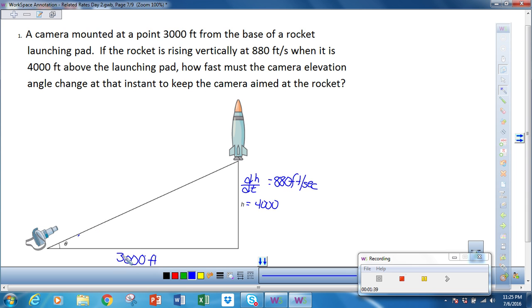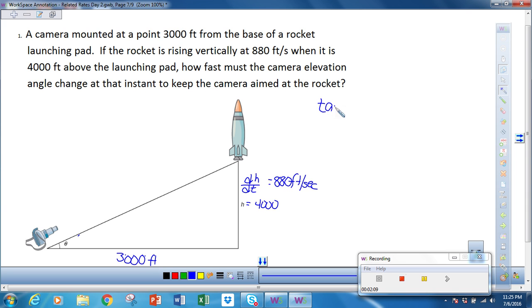The reason I really can't use cosine theta, because there's no relationship between cosine and this angle and dH dt. So if I were to use cosine, I would have 3,000 divided by the hypotenuse, and the hypotenuse is changing, so once again I would have to know the rate at which that is changing. So taking all of that into consideration, I think it's better to use tangent.